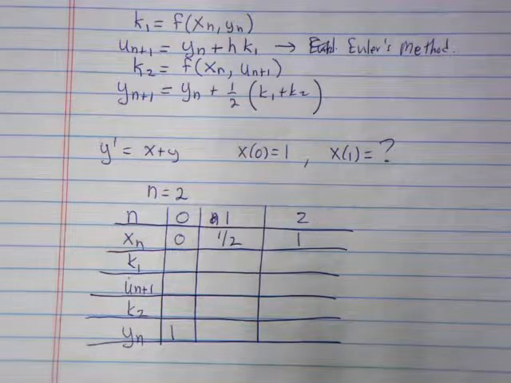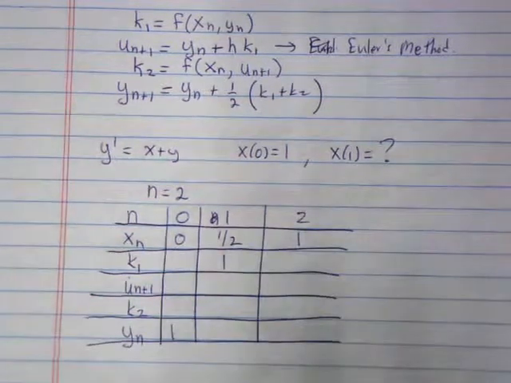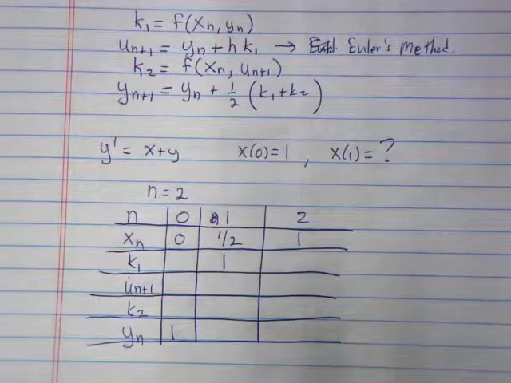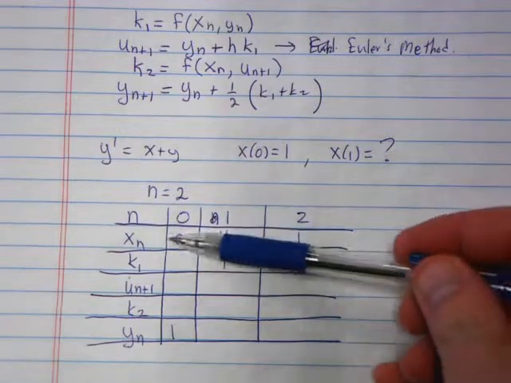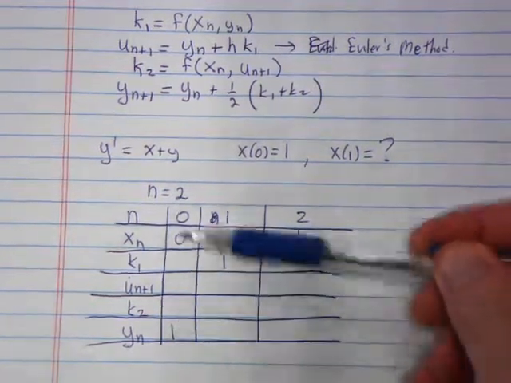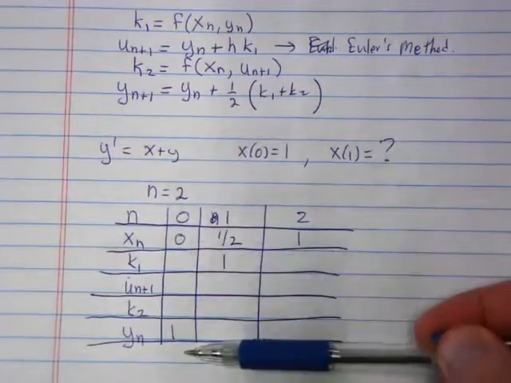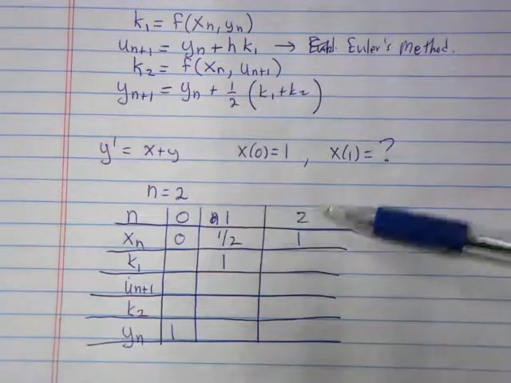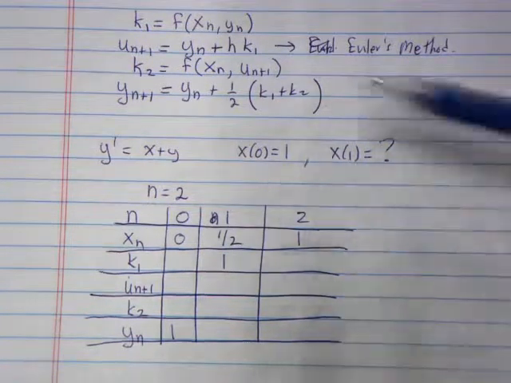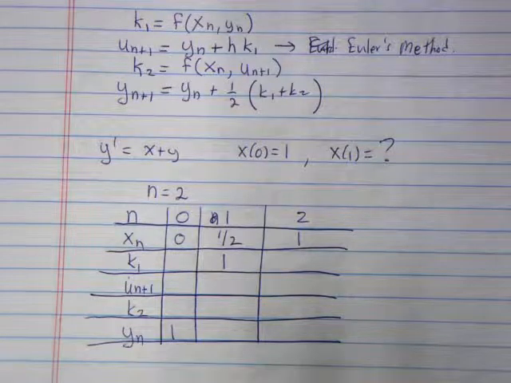So k1 is just 1. So is there no K1 for that first column then? No, because for the first column you just have x, n, and y. You just have the original initial conditions. It's for 1 and 2 and 3 and 4, and so on and so forth, that you have to figure everything out.